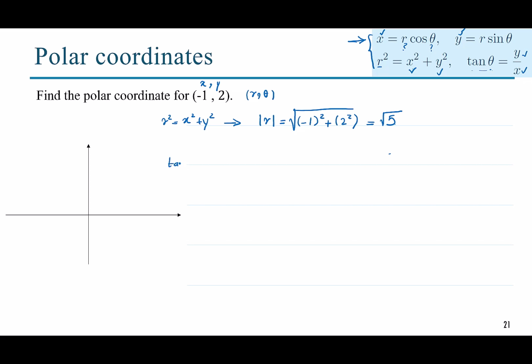So tan theta, from that formula up here, tan theta is equal to y over x. Therefore, theta is going to be tan inverse of y over x, which is tan inverse of y is 2, x is -1.